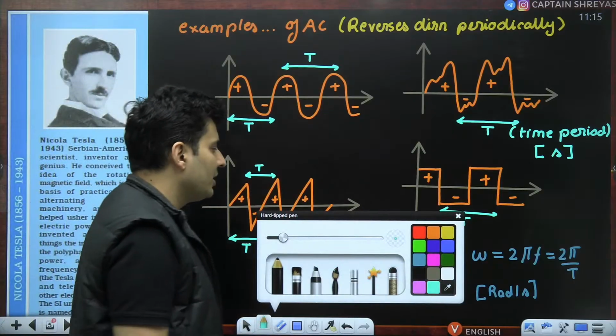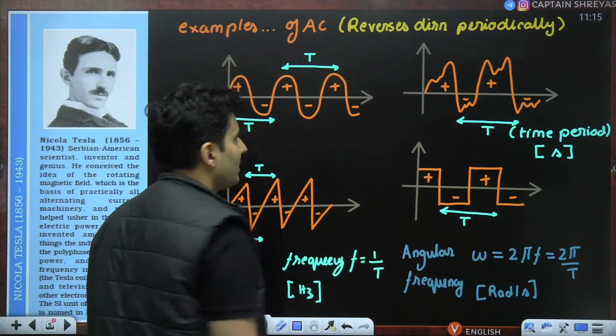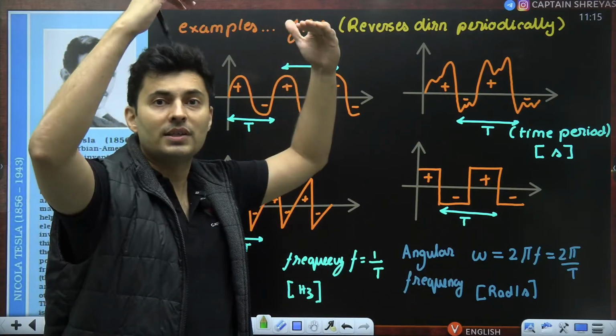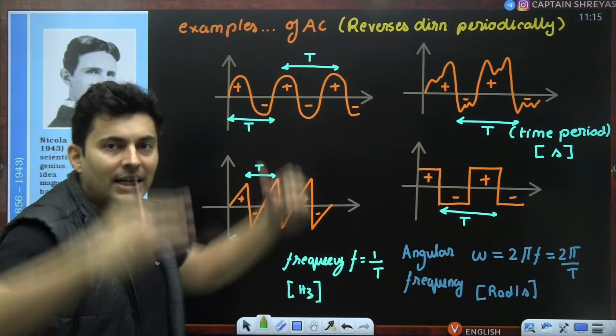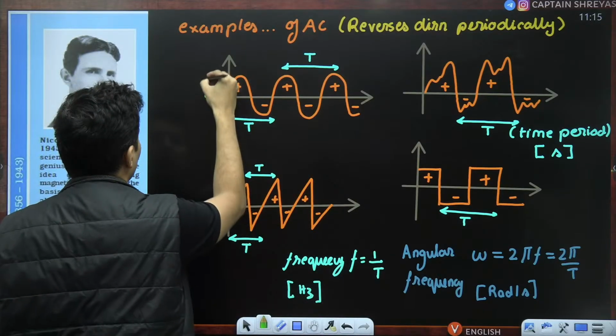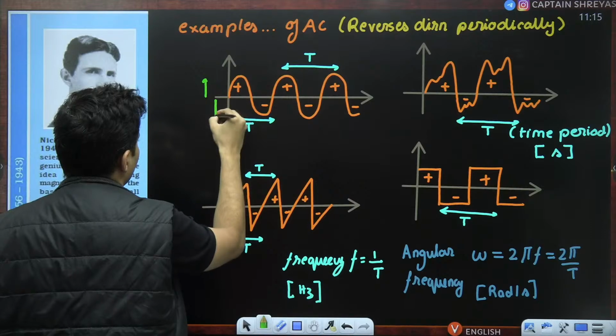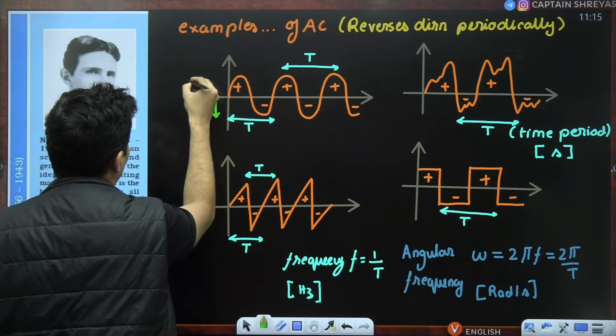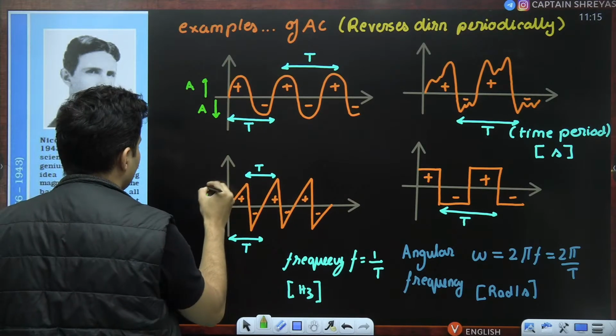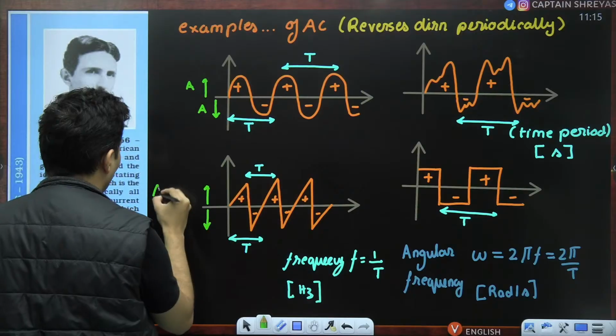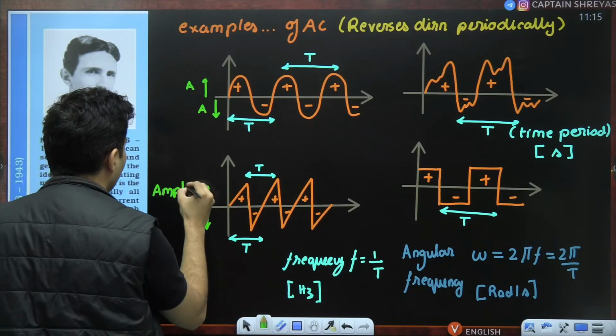Another parameter which you should know regarding this is how high it goes and how low it goes, that extent till which it goes up and down on either side. This thing is basically called the amplitude.